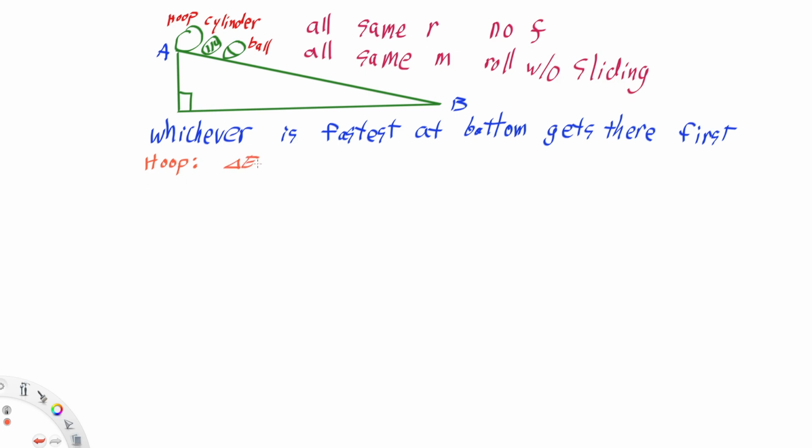Change in energy from A to B is 0, which means energy at A equals energy at B. What kind of energy do we have at situation A? Yeah, just potential energy. This is the height that we're dealing with at situation A. So we're going to have mgh.